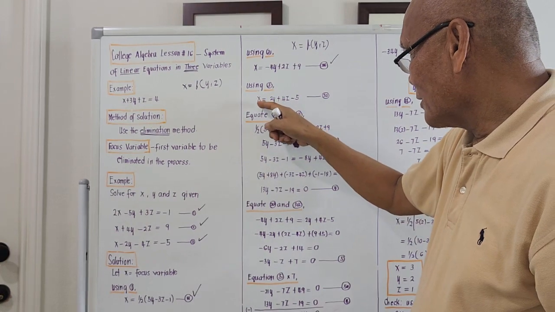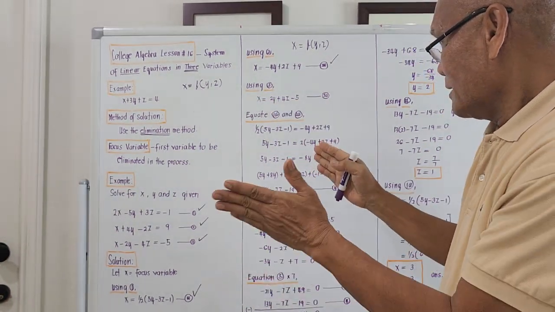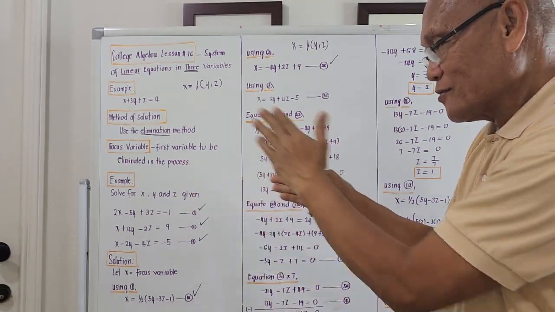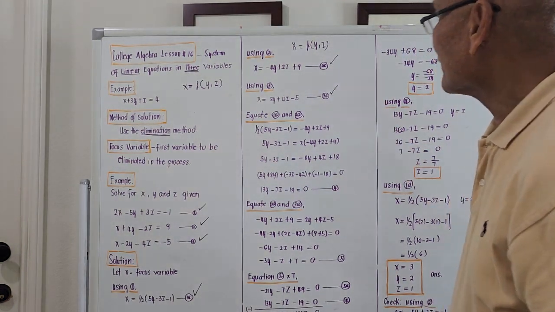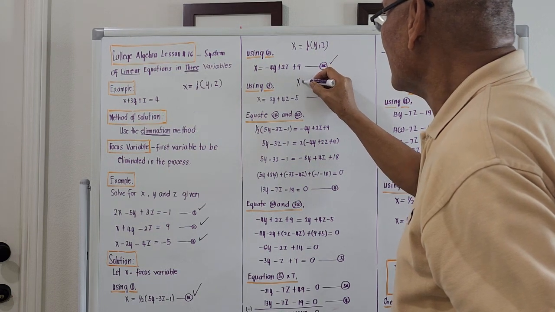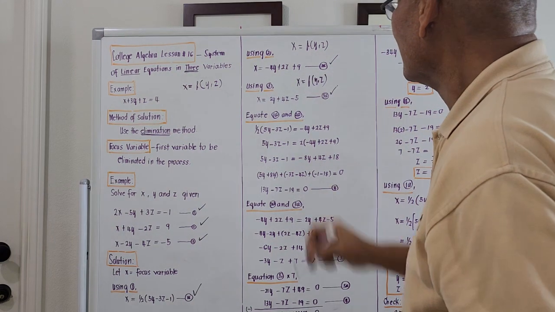That is the value of the focus variable x using equation number 3. Since we just rearranged it, we call it equation number 3a. So again, we are given x as a function of y and z.